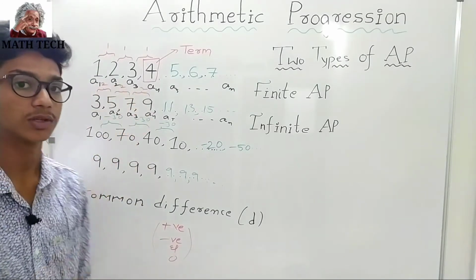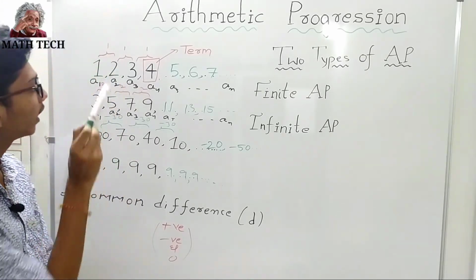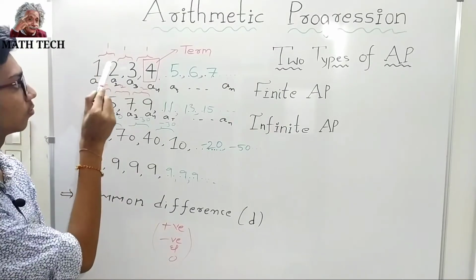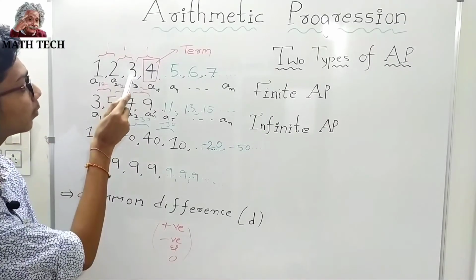So we can conclude something: a2 minus a1 is 1, that is the common difference. a2 minus a1 is equal to a3 minus a2.